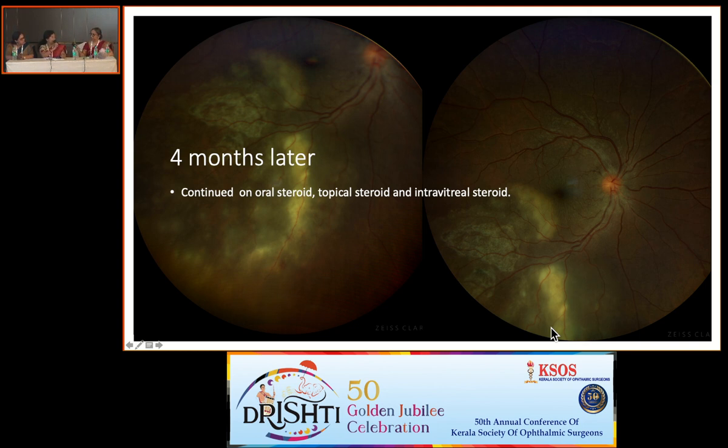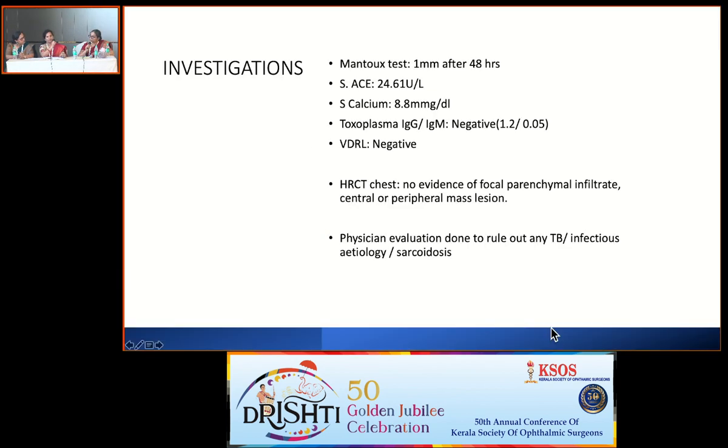Any role for ATT, ma'am, here? Since the two biopsies were negative, I would go straight for immunosuppression. I think they gave intravitreal steroids as well. Yes, ma'am, Dexa. Did that have any positive effect?